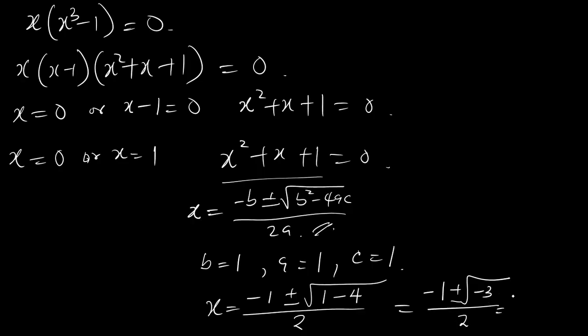So this will give us minus 1 plus or minus imaginary number, the square root of 3 divided by 2. So that means it's not part of what we're looking for. So what we're looking for is x equal to 0 and x equal to 1.